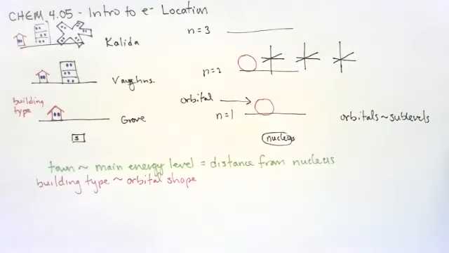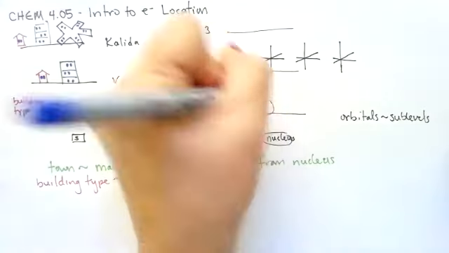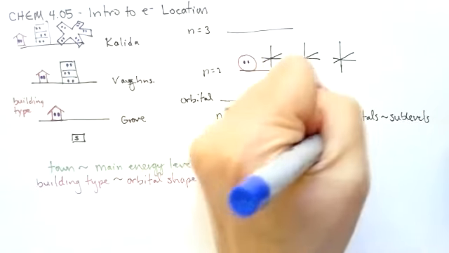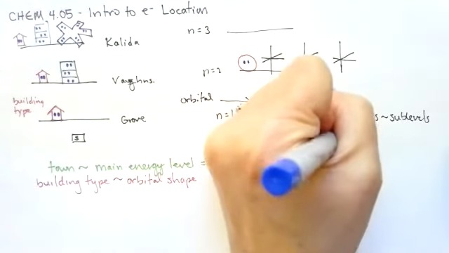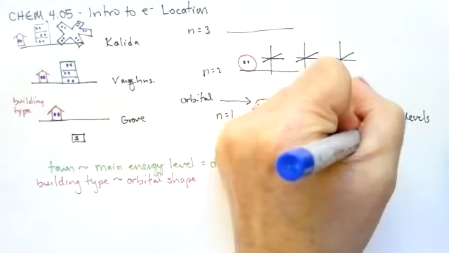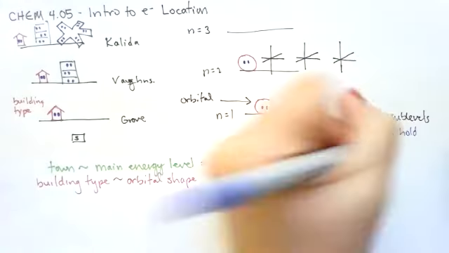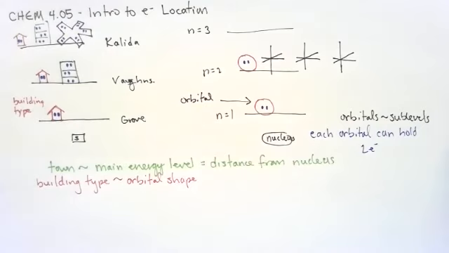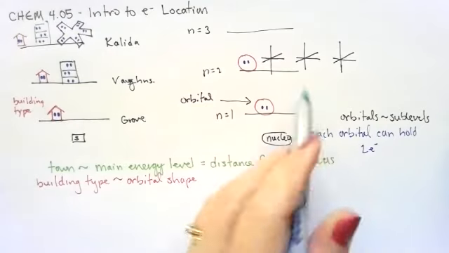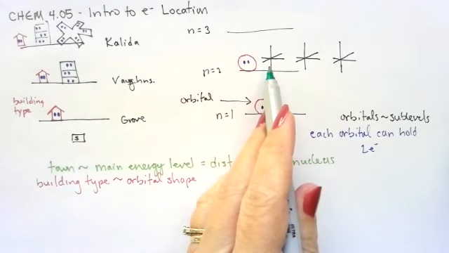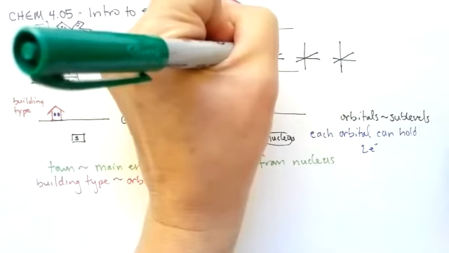Oh, and by the way, each orbital can hold 2 electrons. The shape that I have for the next orbital is a little unique.